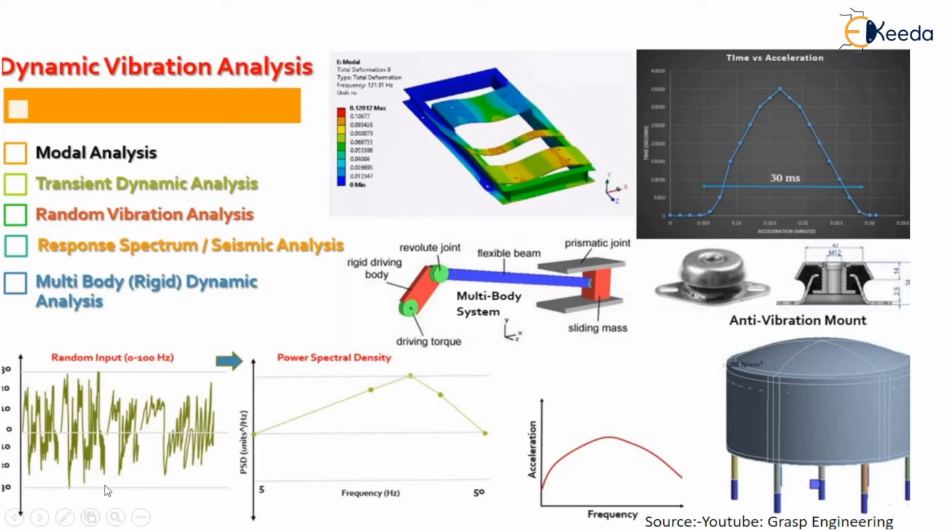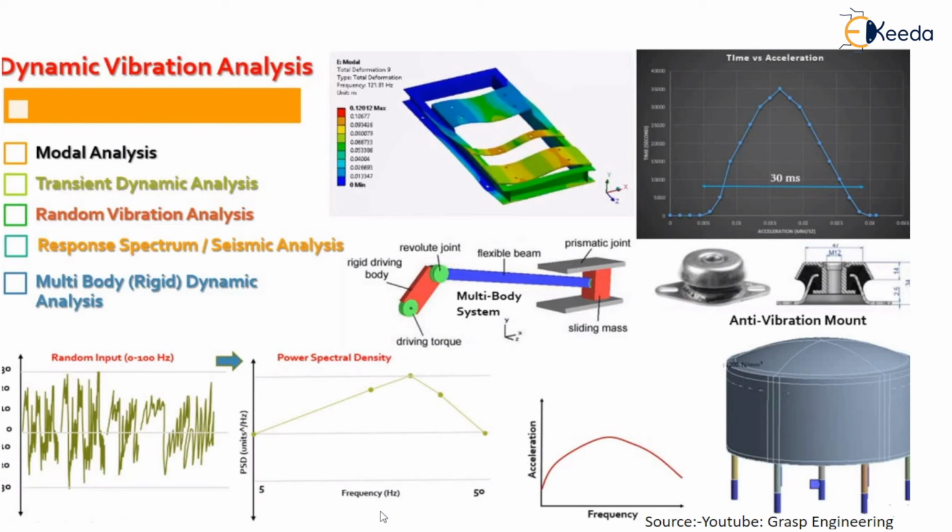So random input is given, and that random input is converted into PSD, that is power spectral density. This input with respect to frequency is given to the random vibration analysis, and after giving that input, we get the frequency or other parameters of the deformation of a particular component due to random vibration.